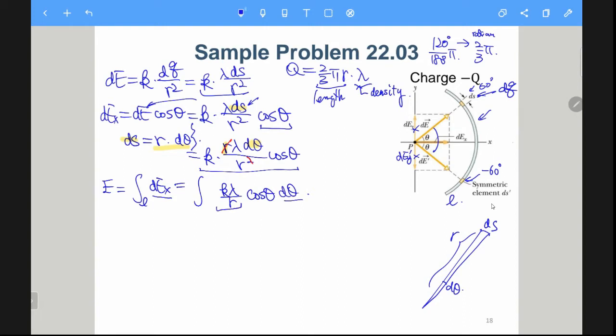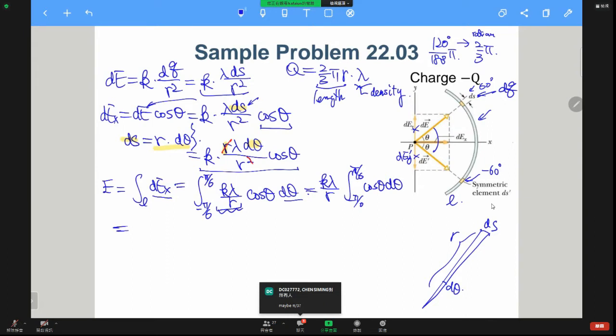And of course, we know the lower bound should be minus pi over 6 and pi over 6 here. So, okay, you can just put this term out of the integration. So we have k lambda over r, and then integration of cosine theta d theta from minus pi over 6 to pi over 6. Okay, so the antiderivative of cosine theta should be sine theta.